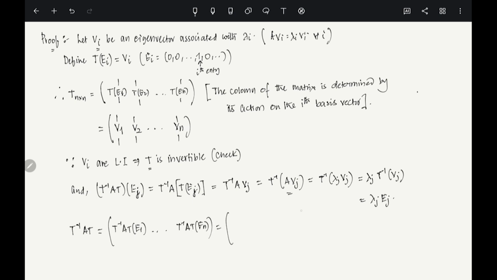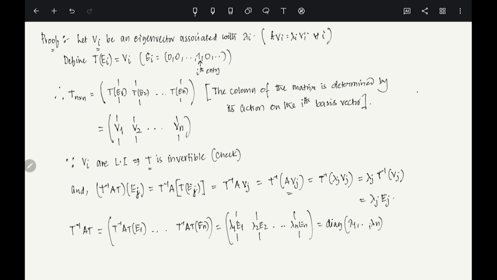So essentially, the first thing is lambda 1 E1, and then the second one is lambda 2 E2, and the nth thing is lambda n En, right? Now E1 is (1, 0, ..., 0), E2 is (0, 1, 0, ..., 0). So if you write it down, this is nothing but the diagonal matrix of lambda 1 to lambda n.